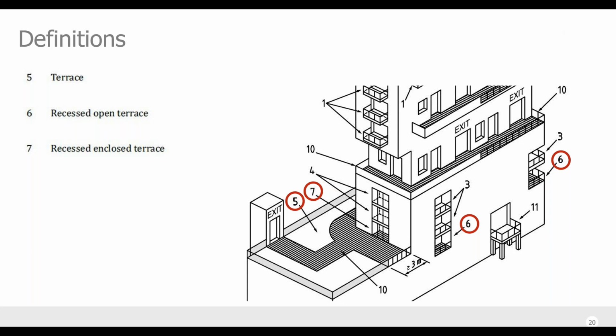Again, having written the definitions of balcony and terrace, we looked at number 6 and 7 and deemed it not to be a balcony as such, but more akin to the function of a terrace because it performs the function of a roof. It's over an enclosed space, an occupied space below, an interior space below. So therefore, the standard deems it a terrace rather than a balcony, one being enclosed and one being open. Next slide, please.